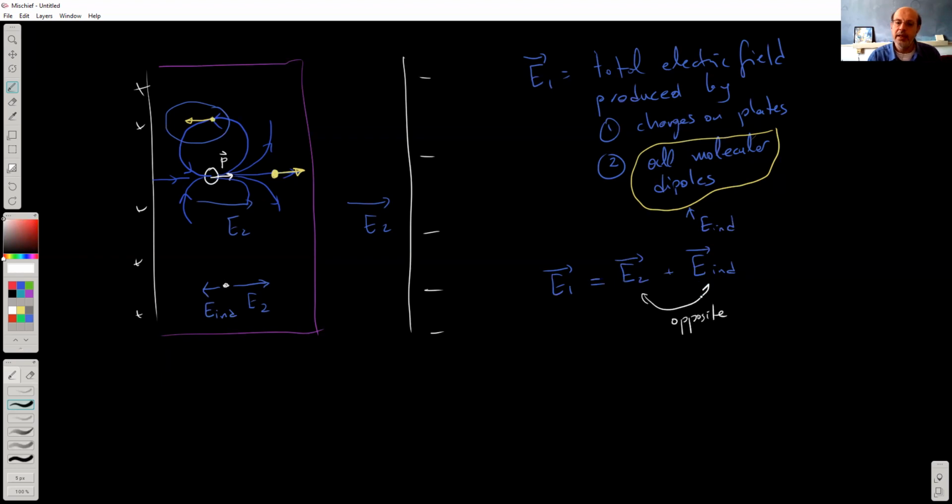Because of that, the total electric field is weaker. If you take the vector sum of these two, this is now weaker, which means that E1 is less than the applied electric field. And that is why in dielectric media, the electric field becomes weaker.